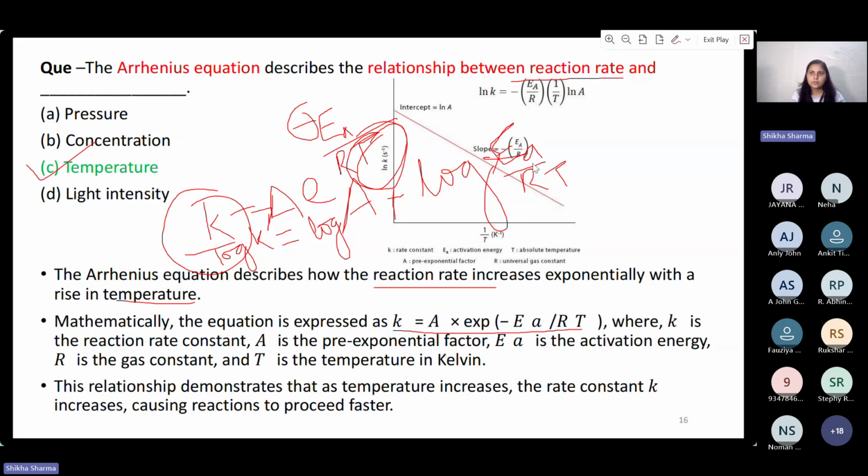Here it will be minus if we are using plus.